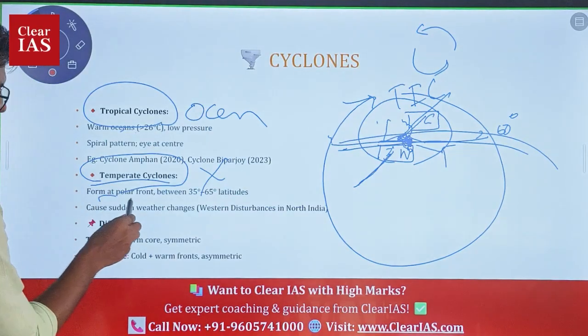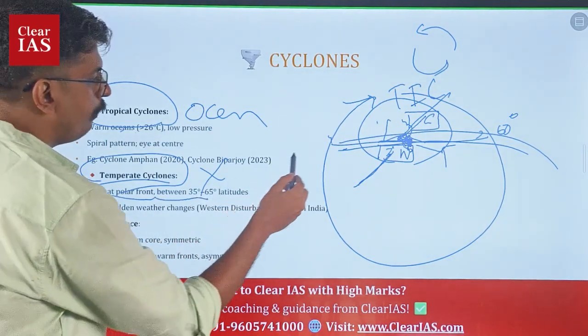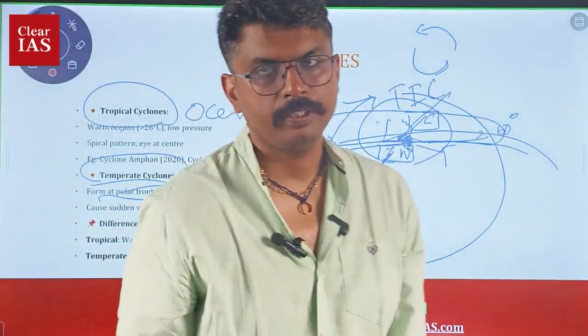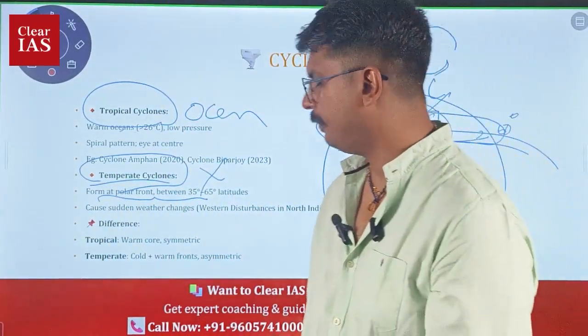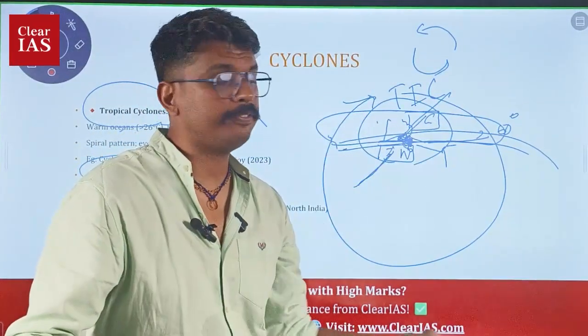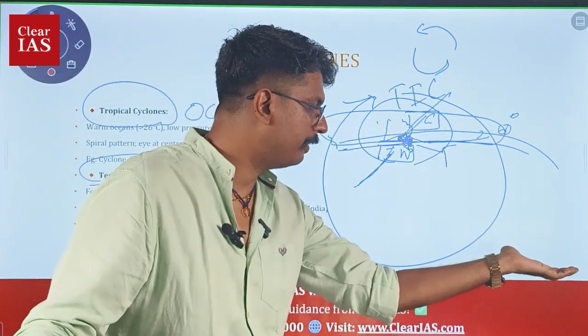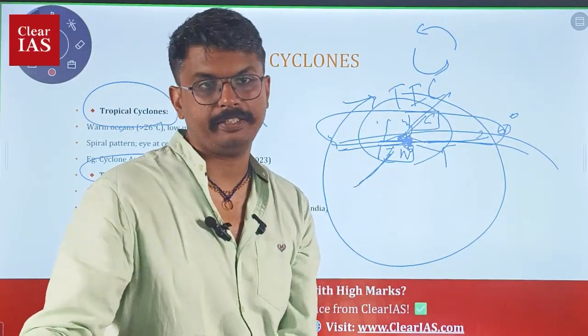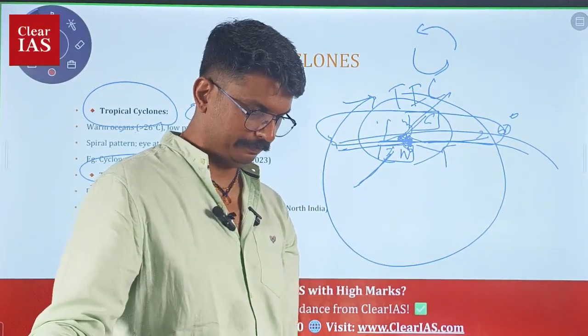They are formed at the polar front between 35 to 60-degree latitudes, and they can be hundreds of times bigger than tropical cyclones in size, in the area they affect.